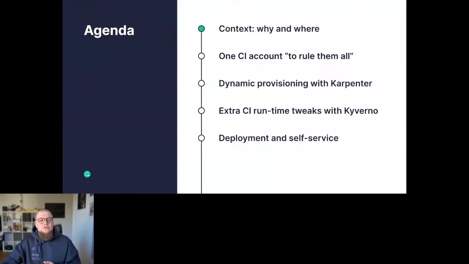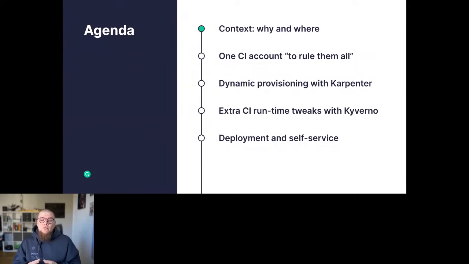Here is what I'm going to cover in this talk. For starters, the context: why we decided to create a new CI/CD infra and how the whole backend infra and code management look in general. Then I will explain how the one account contains our CI/CD infra and how a CI job gets access to resources in other AWS accounts. After that, we will meet the Karpenter node provisioner, and I will explain how it works and how we use it.